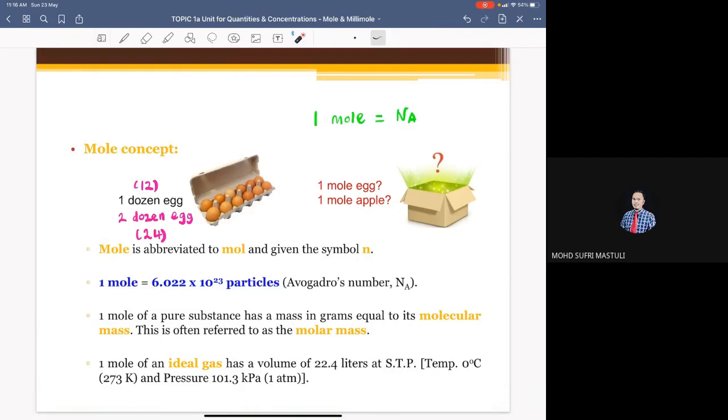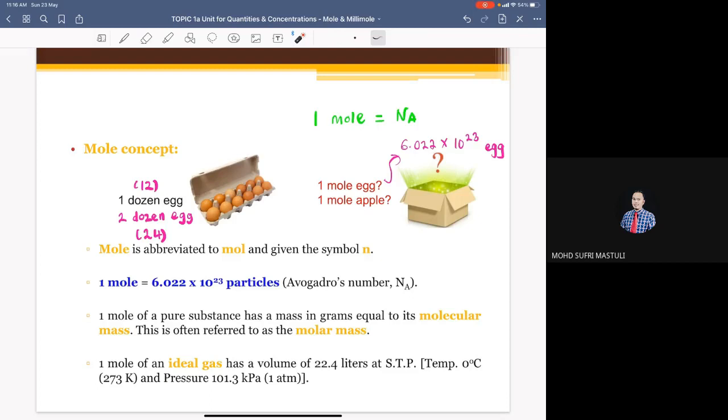Meaning that if someone asks you, can you give me 1 mole of eggs, you will give him 6.022 times 10 to the power 23 eggs, because 1 mole is equivalent to the Avogadro number.